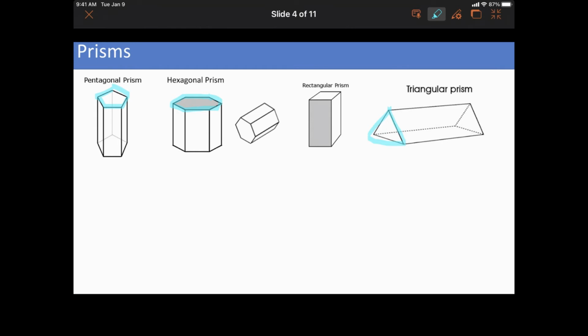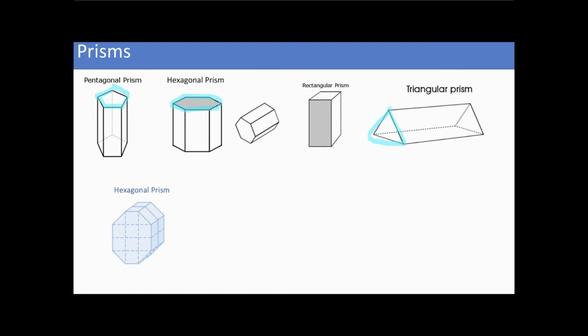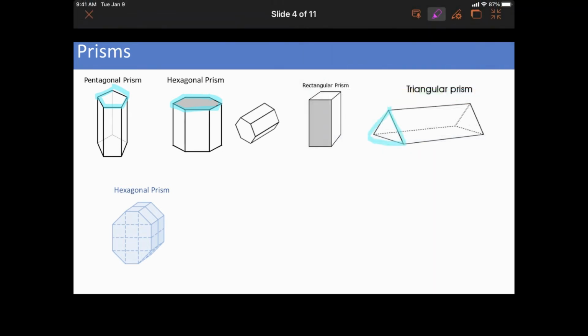Well, let's look at a different kind of prism. All right, so this is a hexagonal prism and the base is here. So it's not sitting on its base, but the base is here. Okay.